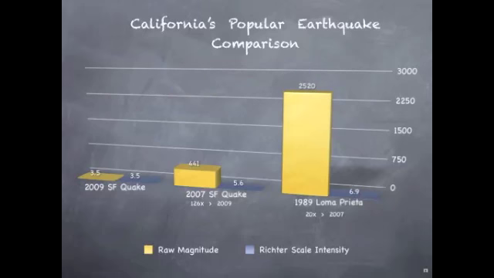If you think that was a big difference, look at this comparison between the 2007 quake and the Loma Prieta quake. The 2007 quake is already 126 times greater than the one in 2009, and the Loma Prieta quake is 20 times greater. That means that the Loma Prieta quake is 2,520 times bigger than the one in 2009.